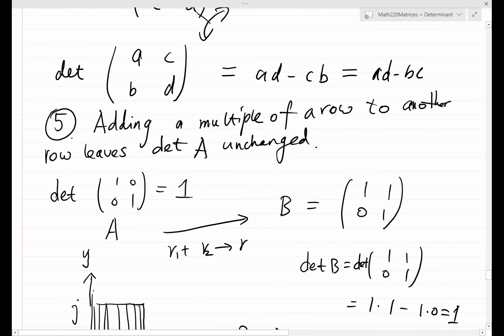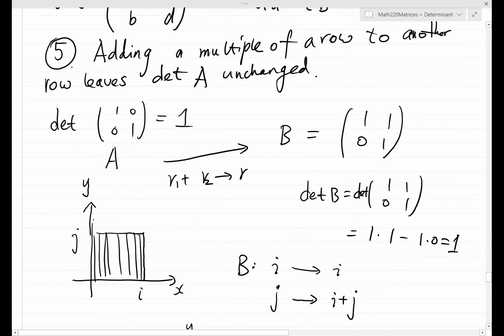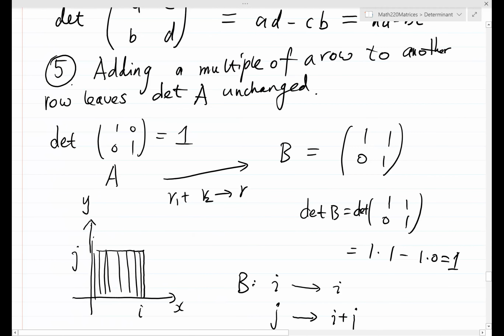Property 5: adding a multiple of a row to another row does not change the determinant. So given a matrix, we can try to make it upper triangular, and the determinant of an upper triangular matrix can be easily determined.